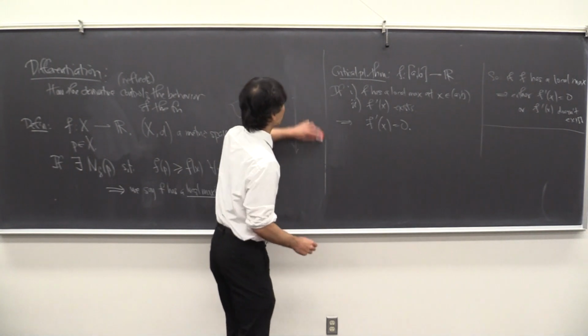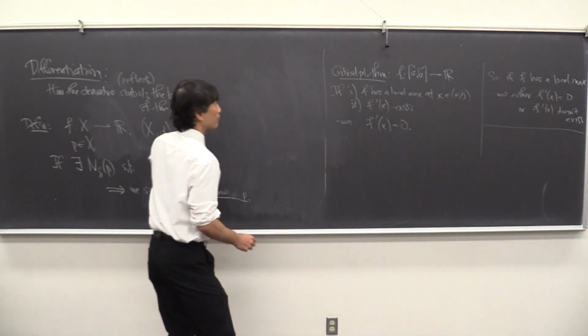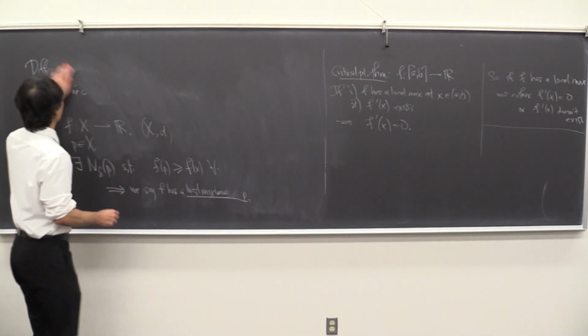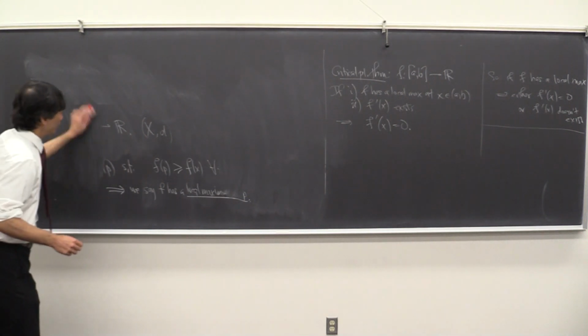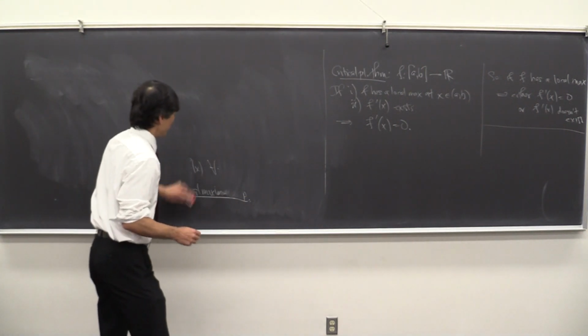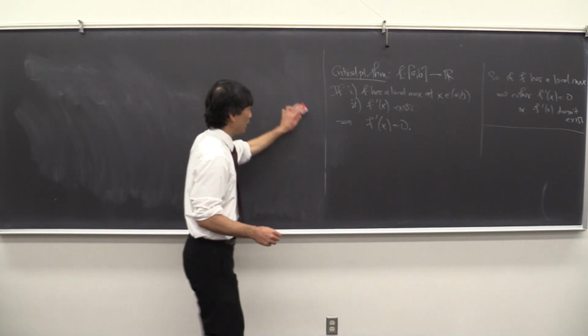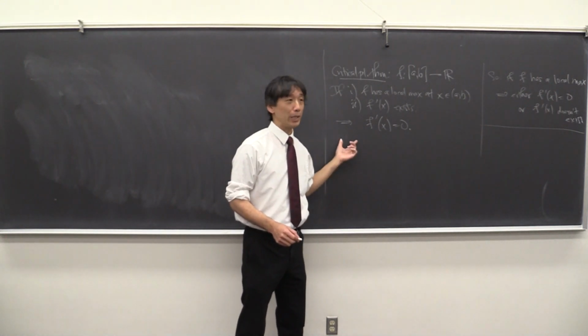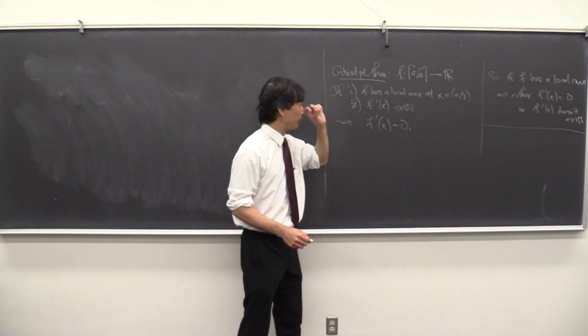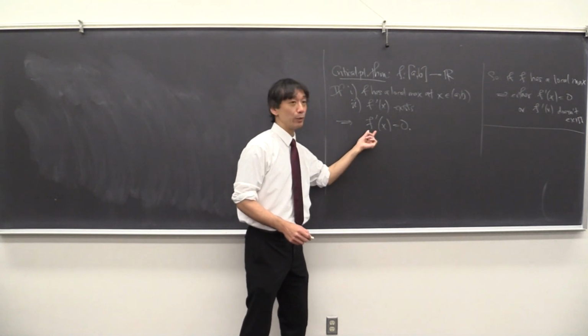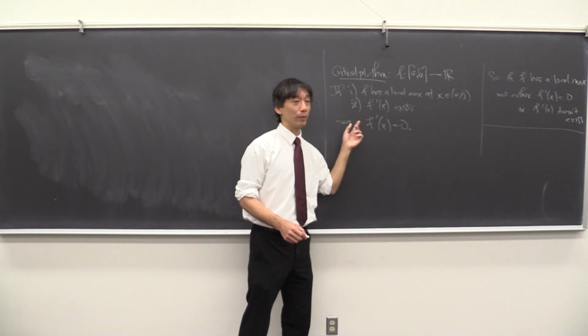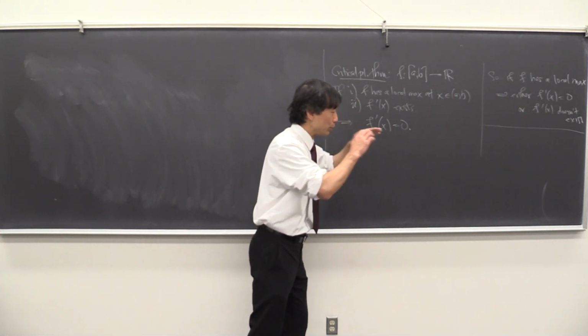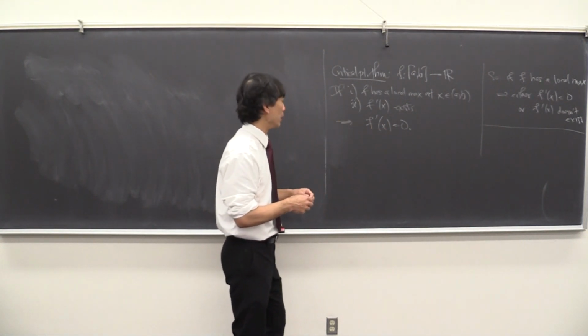Okay, so like we said last time, a lot of things about the theory of differentiation can be understood by realizing that differentiable means line-like. Differentiable means that as you zoom in, you're basically like a line.